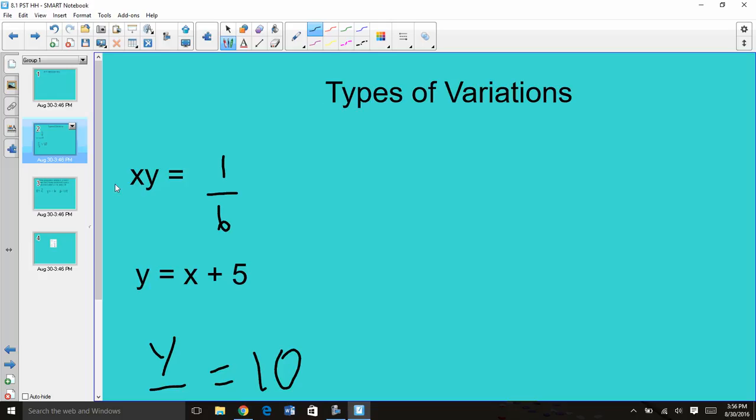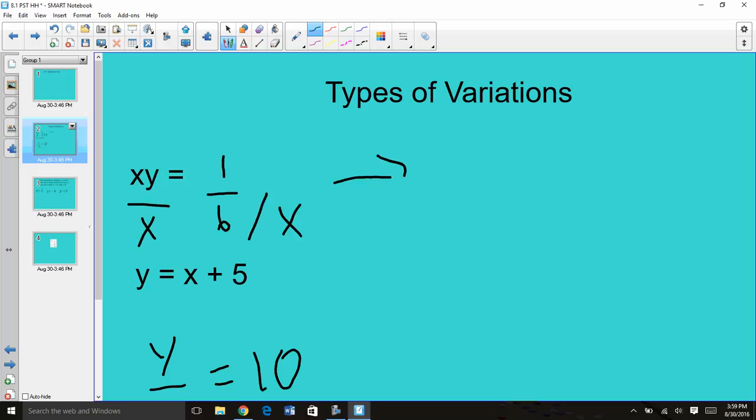Okay, so, well, how do we get that over there? We know for algebra that we must divide by x. So we'll go ahead and do that. Divide by x, divide by x.